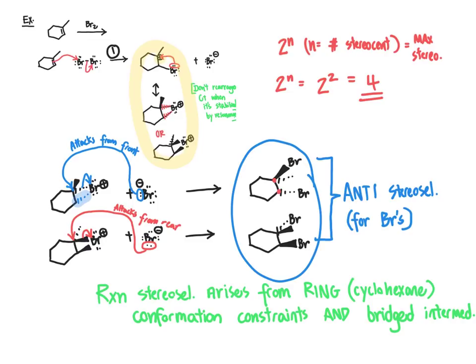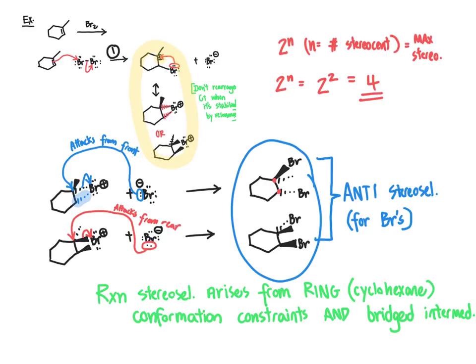So the takeaway from this example problem that you can generally look at is that the stereoselectivity for this particular reaction arises from the fact that we have a cyclohexane ring, which constrains the overall conformation of the molecule because we don't have total free rotation around the carbon-carbon bonds of that ring. In other words, it prefers the chair-type conformation.